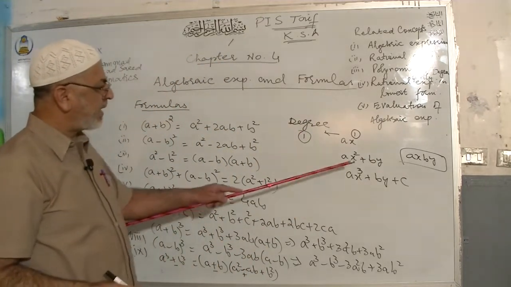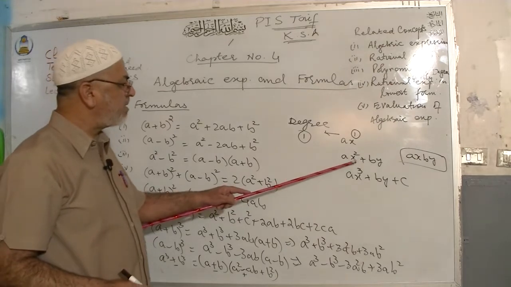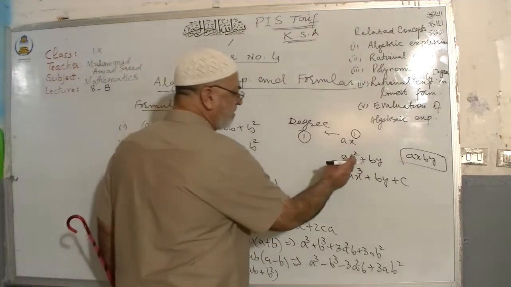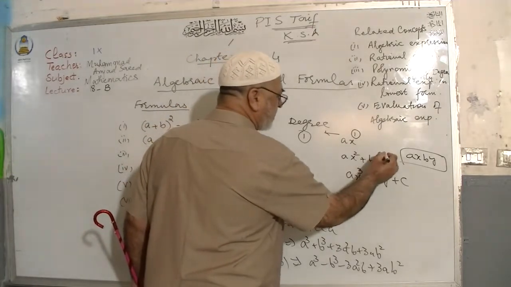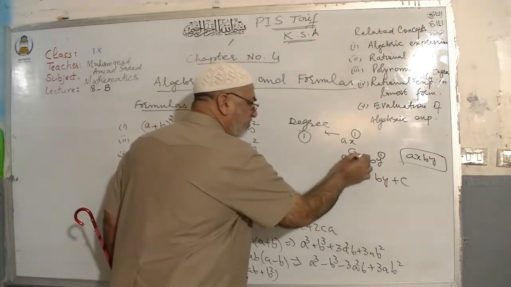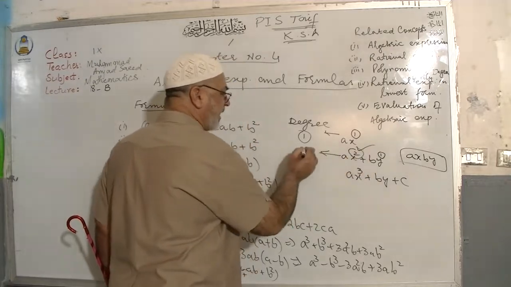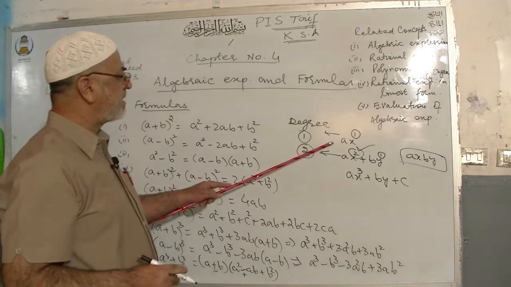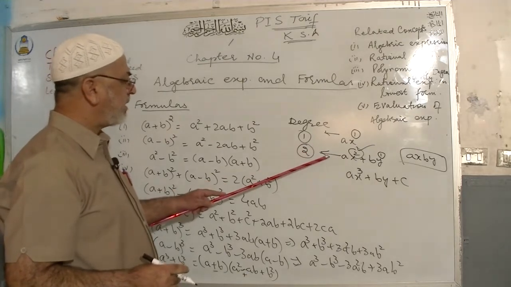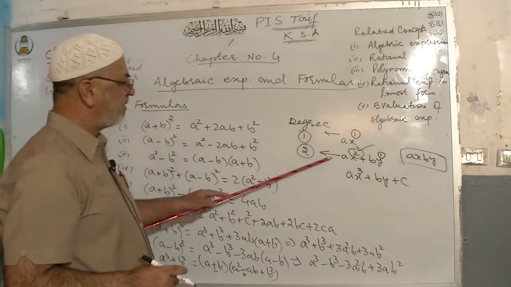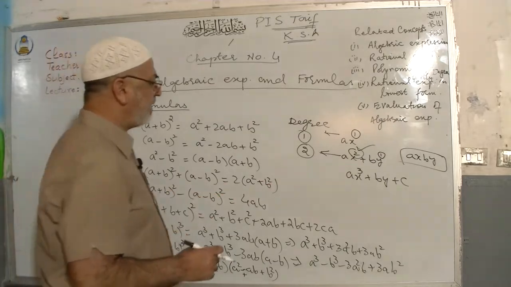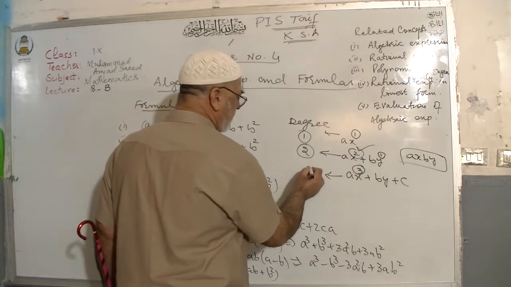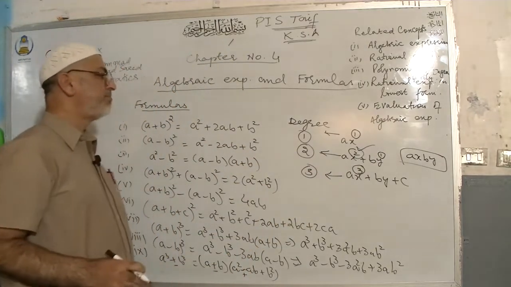Here, in case of maximum power of the variable, here is x square and here is y. What is the maximum power? 2. Here this is power 1. So maximum power will be taken as the degree. Here degree is 2. This is known as linear and this is quadratic in terms of x square, and this will be cubic because maximum power is 3, so its degree is 3.